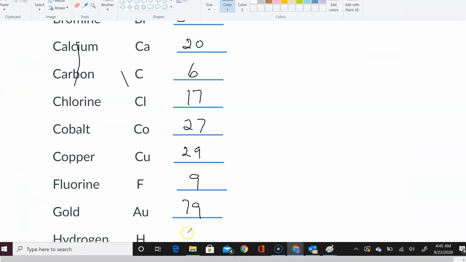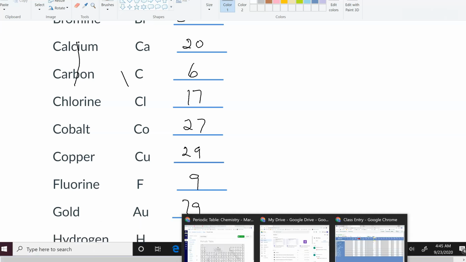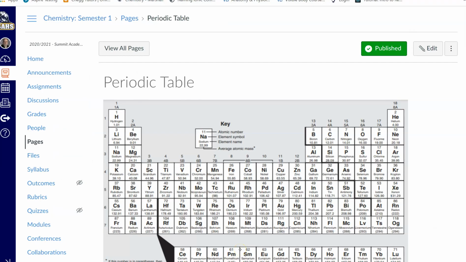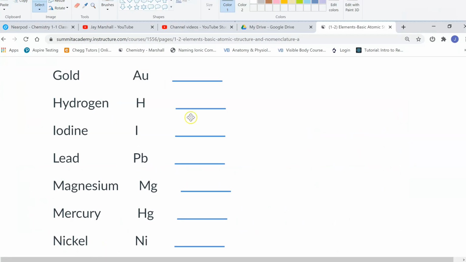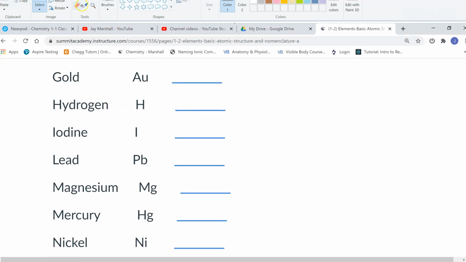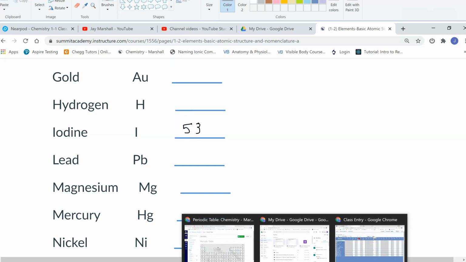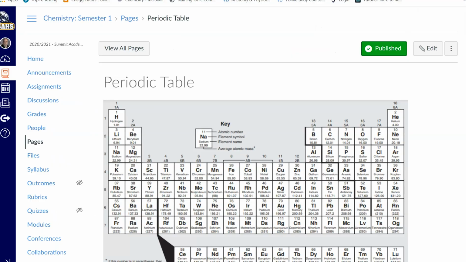Then you should already know that hydrogen is element number 1. And then as we go further, iodine is going to be number 53. Then lead is going to be element 82.